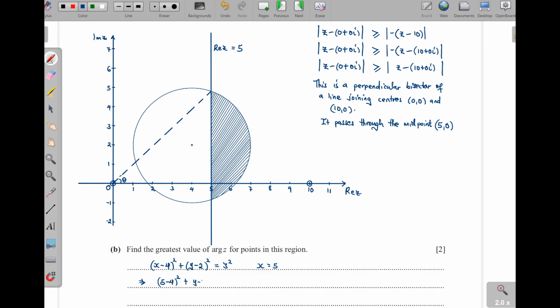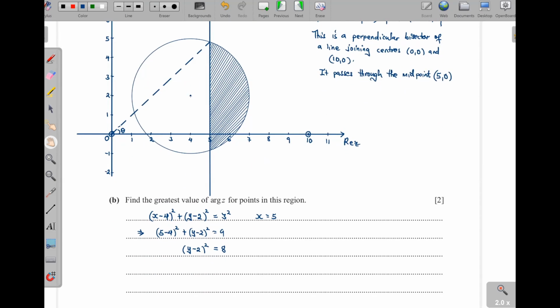Then plus y minus 2 squared, is equal to 9. So we have here y minus 2 squared shall be equal to, this one will give us a 1. When it comes this side, it becomes an 8, not so? So 9 minus 1, that is 8. Then we take the square root.